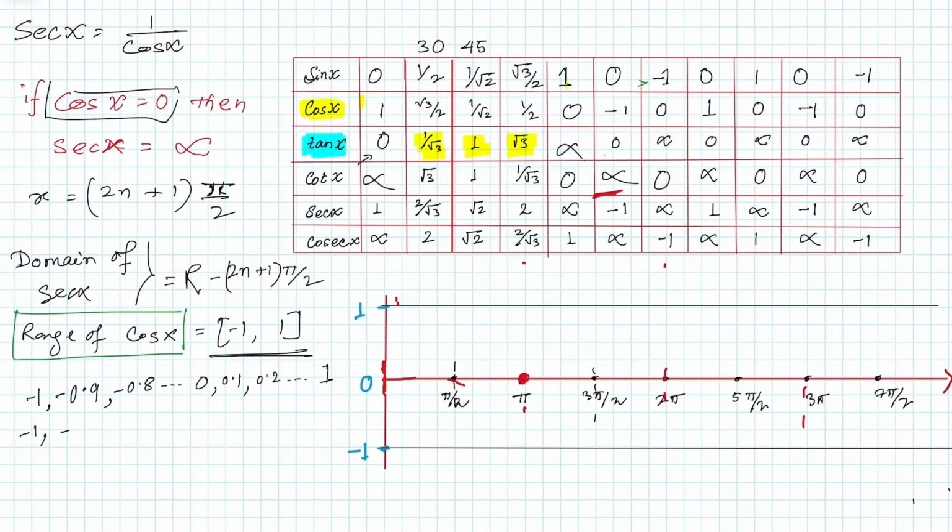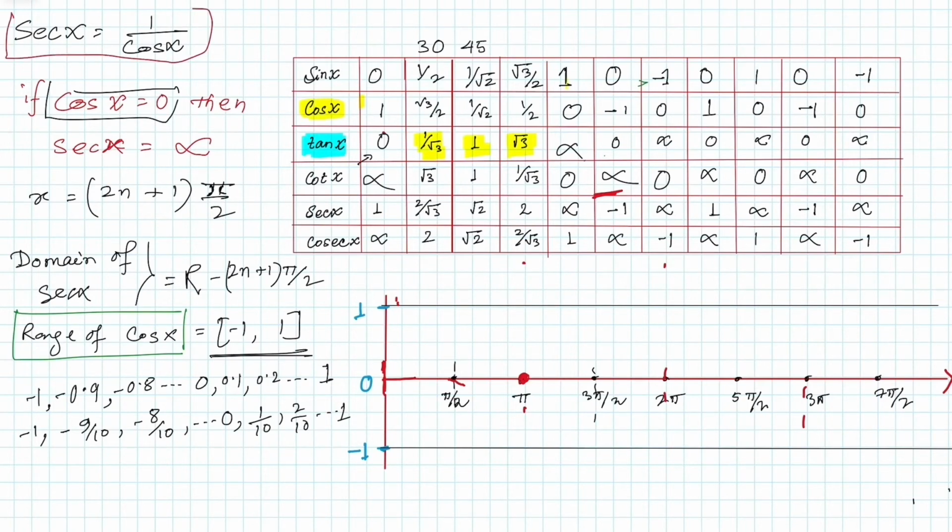Now you see, minus 0.9 means 9 by 10 you can write, and 0.8 means 8 by 10. Then 0, then 1 by 10, then 2 by 10, and so on up to 1. Okay, between 1 and -1 there are infinite numbers.